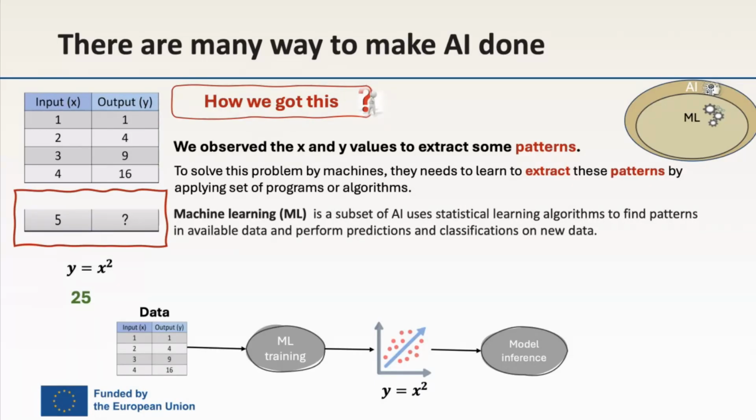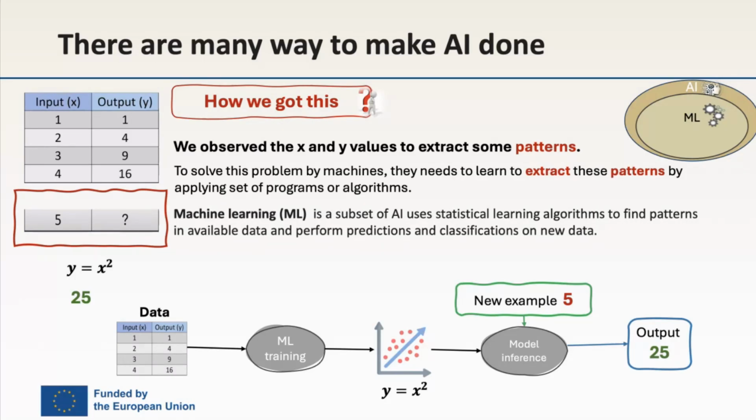So here, for example, when we have 5 as an input, we will have 25 as an output.